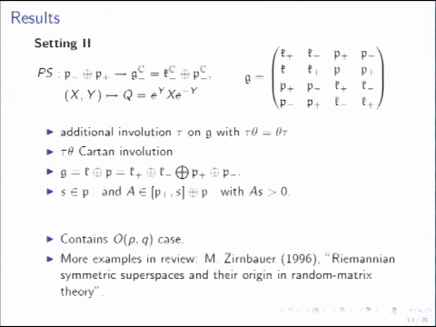Here you have an additional involution which gives you this additional block structure with tau, and it should commute with the other involution. This composition should be the Cartan involution, which gives you the K and the P decomposition. Tau gives you the plus and minus decomposition. S should be in P minus, A should be somewhere in the commutator of P plus with S, plus P minus. A times S should again be positive.